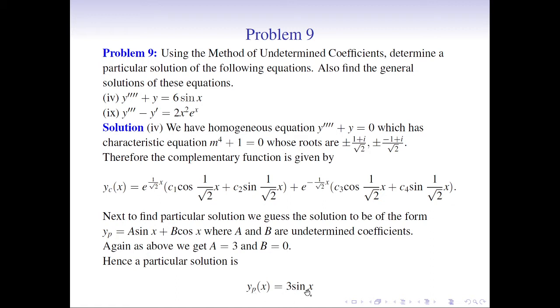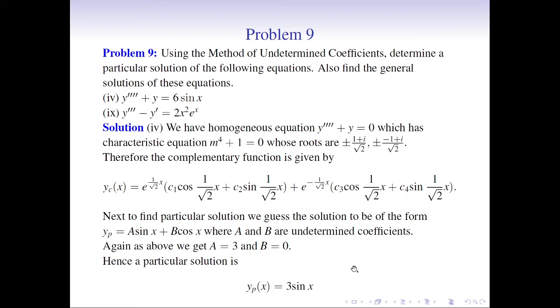Therefore the particular solution turns out to be 3 sin x. So what is the particular solution? A particular solution cannot have arbitrary constants in it. The particular solution should be of the form where there are no arbitrary constants involved. Those are there in the complementary function but not in the particular solution.